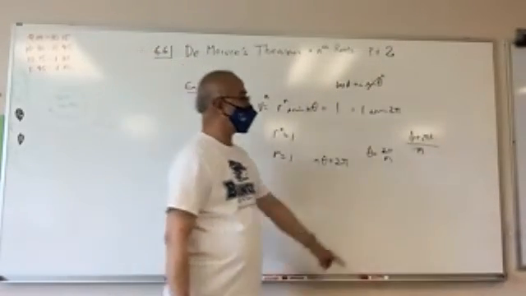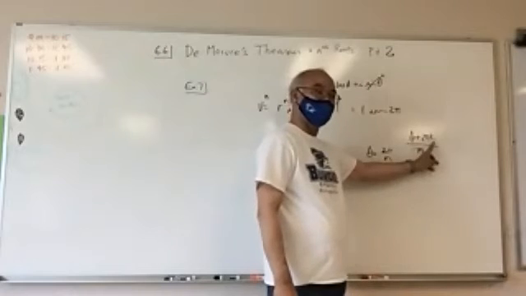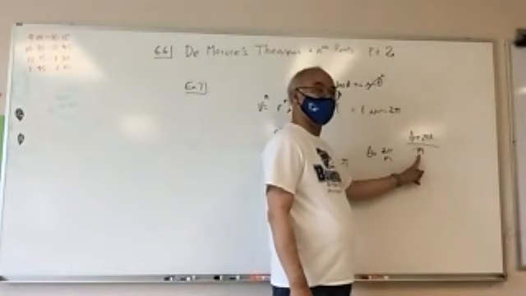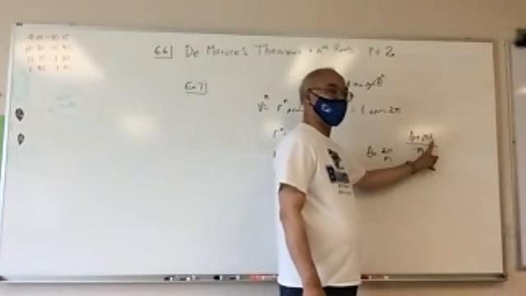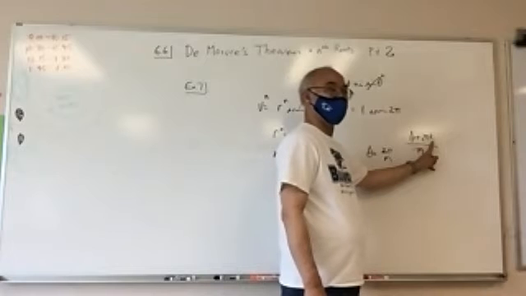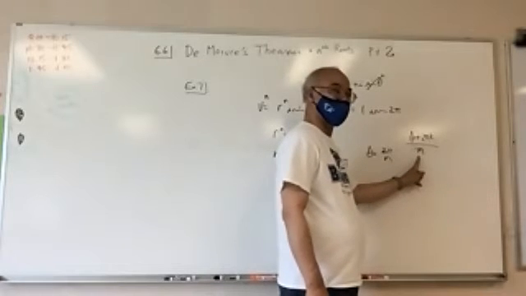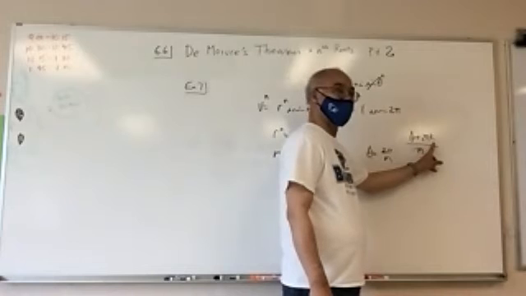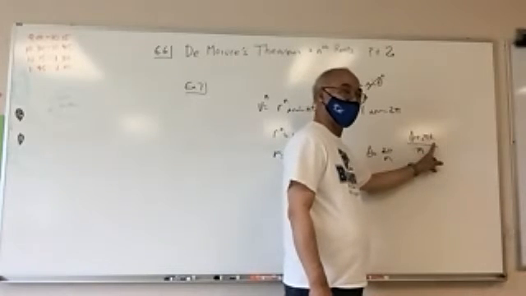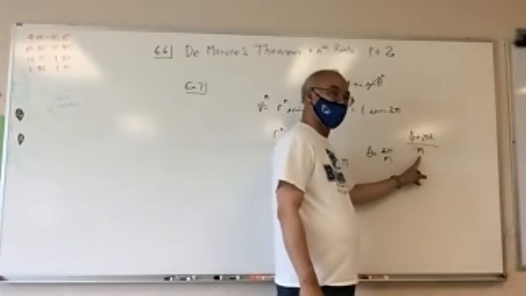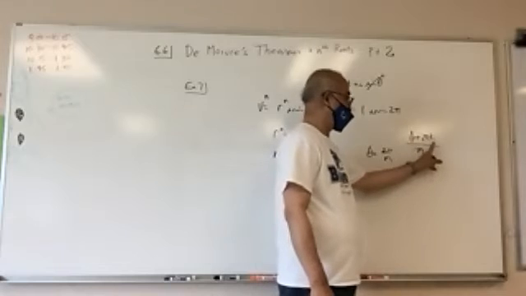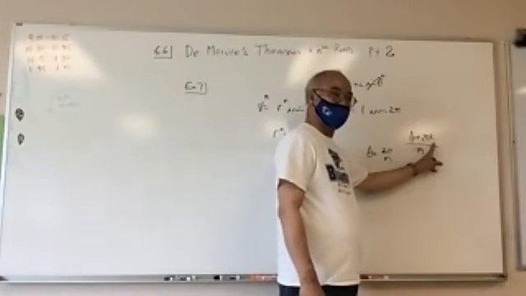And the numbers you're going to use for k: if n is equal to 5, k is going to be equal to 0, 1, 2, 3, 4. If n is equal to 6, it's going to be 0, 1, 2, 3, 4, 5. If n is equal to 3, it's going to be 0, 1, 2.